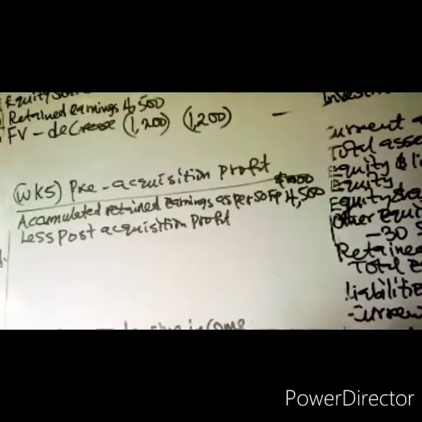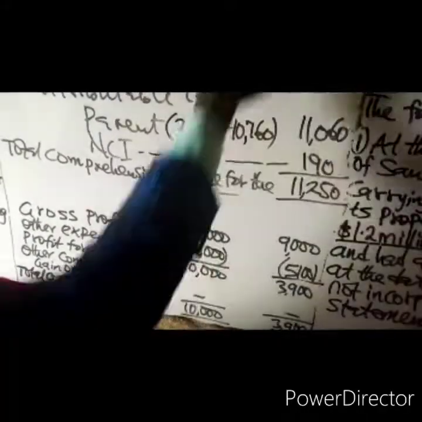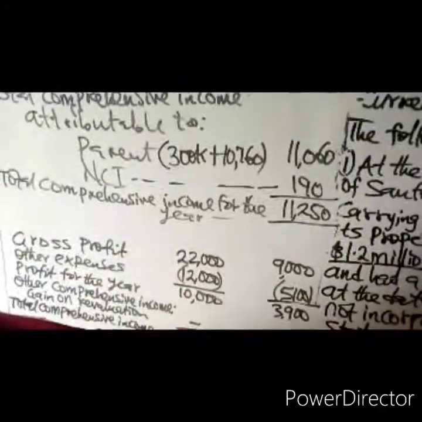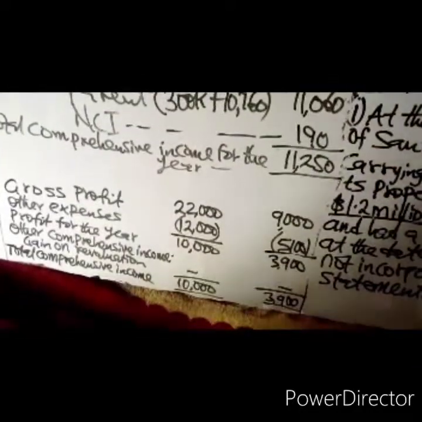I want you to know that the profit for the year in the statement of profit or loss also includes this 3,900. The retained earnings of 4,500 in the statement of financial position also include the profit for the year.